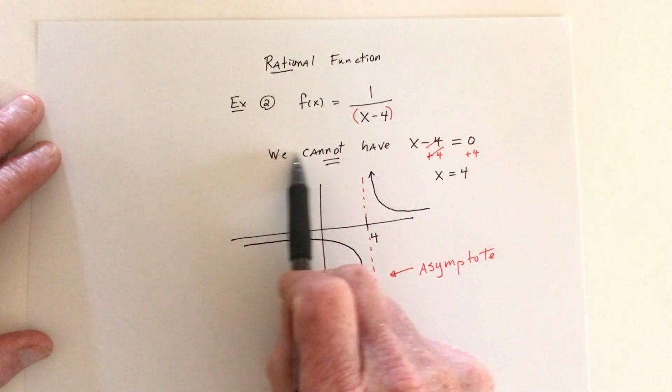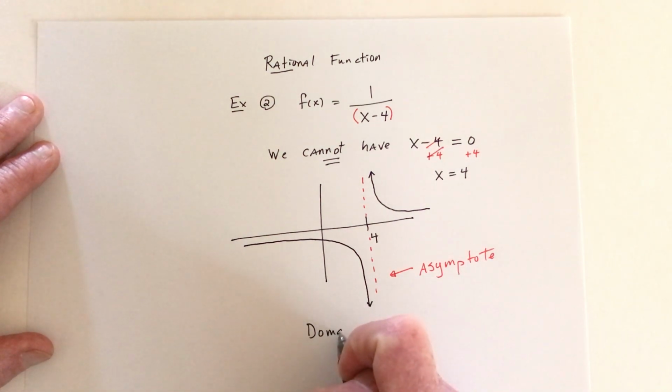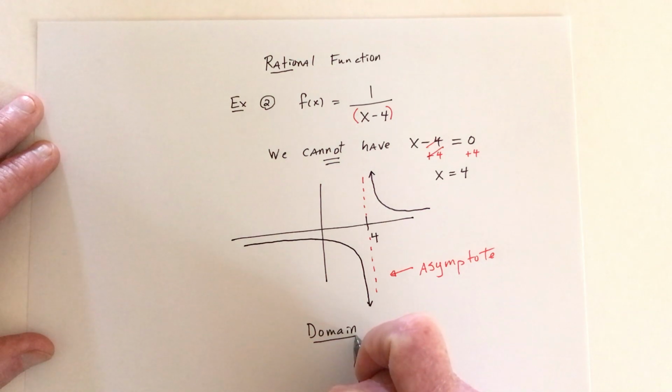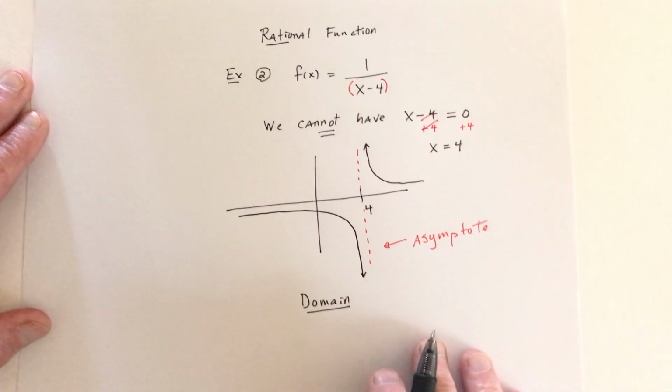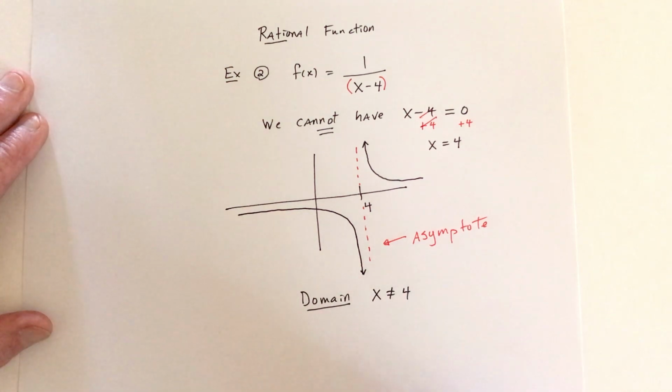Okay, so you can write this in words. You can also say that the domain, which means what are the possible x's. So there's a couple of ways to write it. You can say x cannot equal 4.